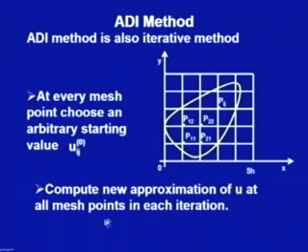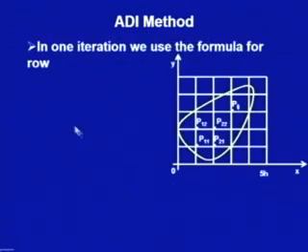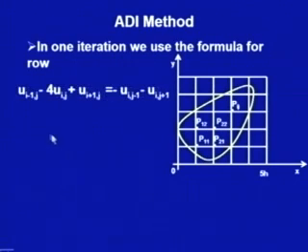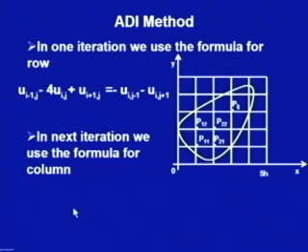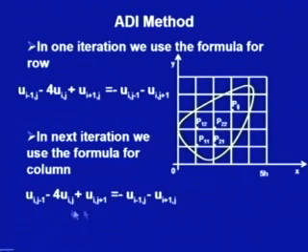How are we approximating it? In one iteration we use the formula for a fixed jth row, and in the next iteration we use the formula for the ith column. That is how we alternate the direction: once we move along the row, and then we move along the column.